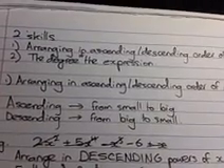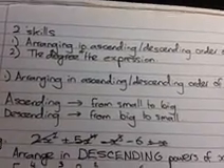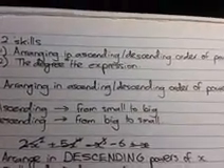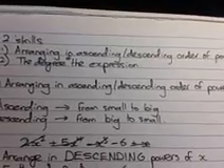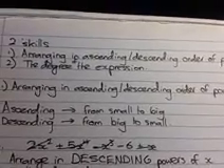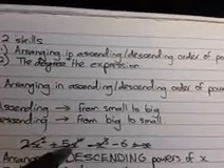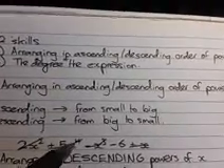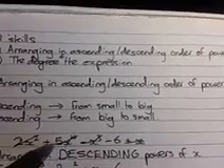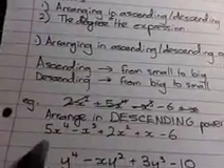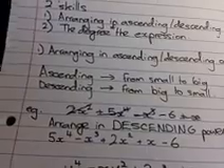So, for example, in that example, I had 2x squared plus 5x to the 4 minus x to the 3 minus 6 plus x, and you had to arrange in descending powers of x. So you go from biggest to smallest. The biggest power of x over there is the 5x to the 4. And you're not just moving that, you are moving its coefficient with it. So that's why you start with the 5x to the 4.